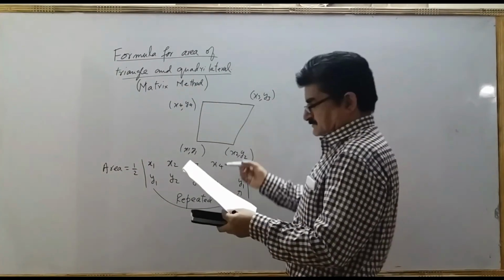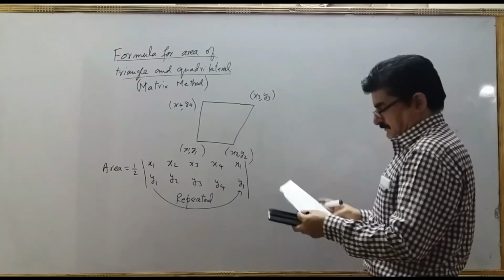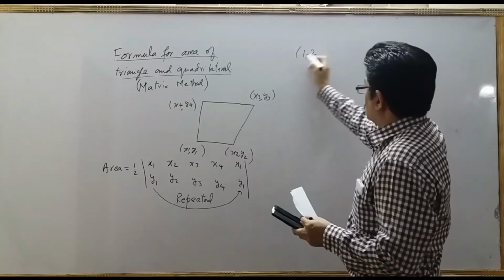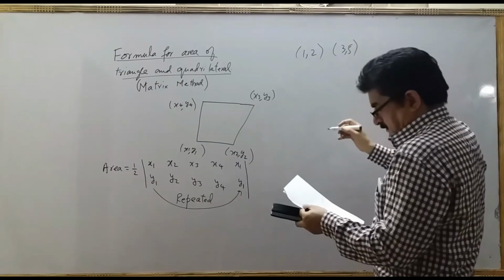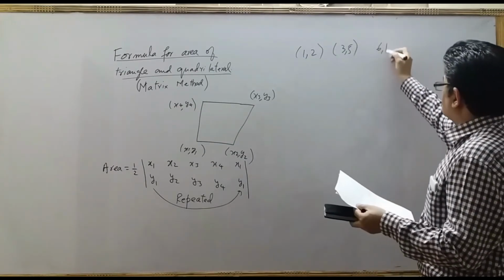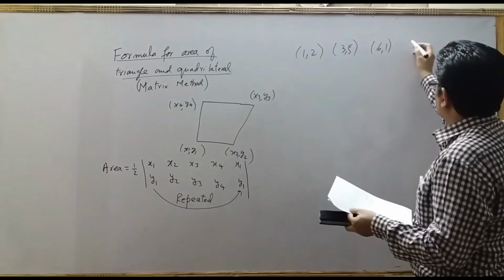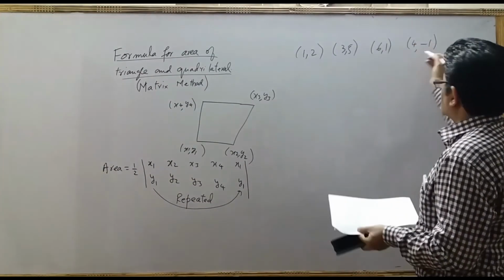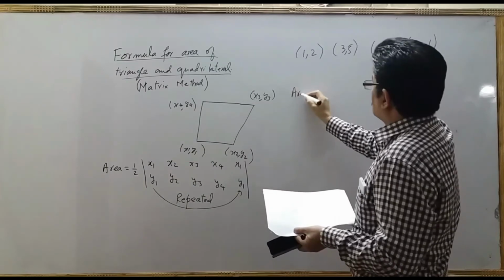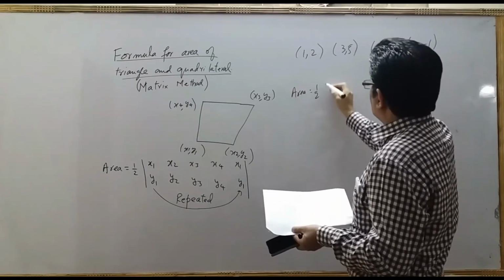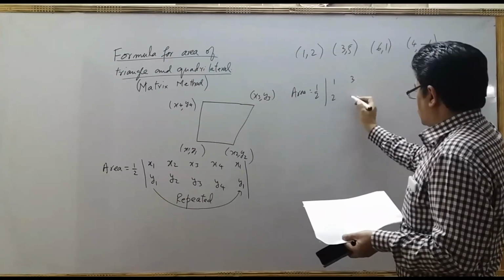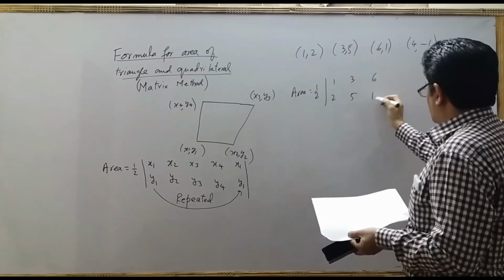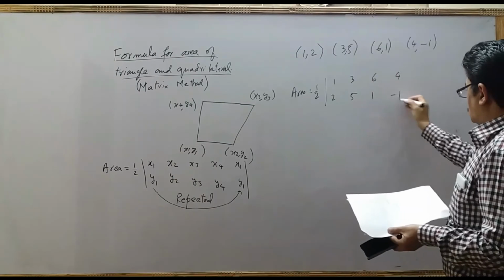For example, our first point is 1, 2. Suppose second point is 3, 5. Third point 6, 1. Fourth point 4, minus 1. So area is equal to half modulus first point 1, 2, second point 3, 5, third point 6, 1, fourth point 4, minus 1.